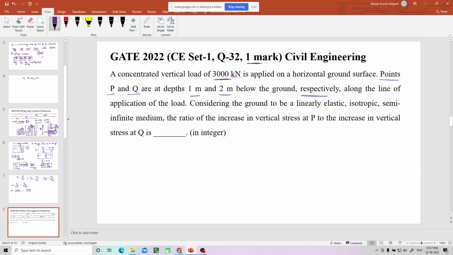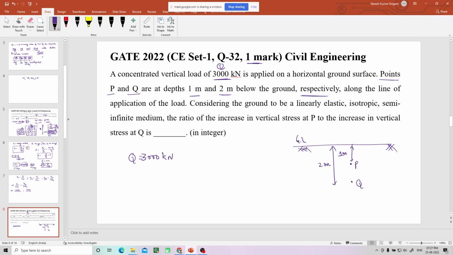So here, let us say this is Q, 3000 kilonewton, applied on the horizontal ground surface, and points P and Q are at depths of 1 meter and 2 meters. I'll draw a rough diagram now, and in the next slide I will draw a neat one. There are two points: P is at a depth of 1 meter, and Q is at a depth of 2 meters.